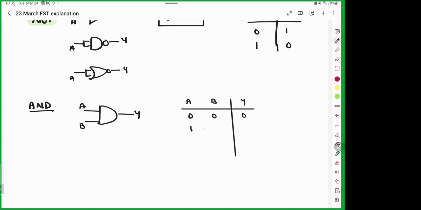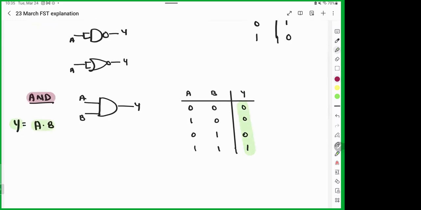If one is 0, then still it will be 0 because of multiplication. And if both are 1, then it will be 1. You need to remember this. Why? Because in the AND gate, your Y will be A dot B, multiplication. Done.